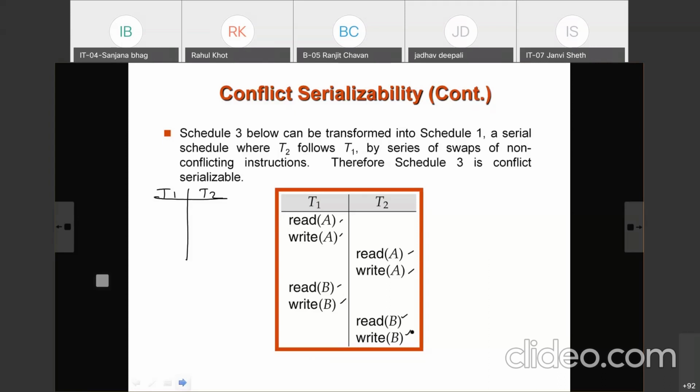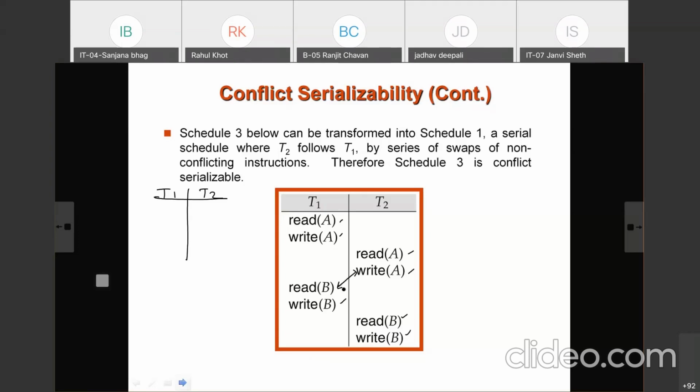Now, here we are going to try to convert this concurrent schedule into a serial schedule by swapping of the instructions. What is the definition of conflict? I and J are two instructions which execute on the same data item, and one of them is a write operation.